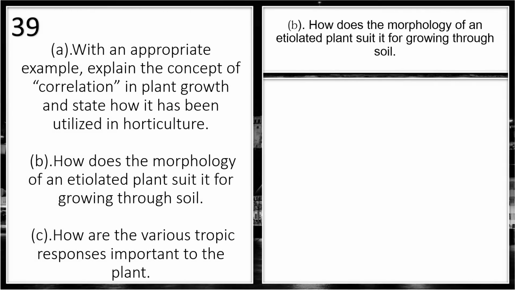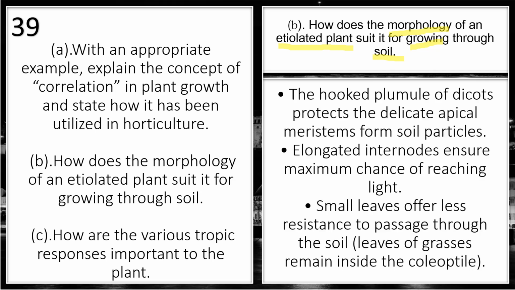Part B. How does the morphology of an etiolated plant suit it for growing through the soil? The hooked plumule of the dicots protects the delicate apical meristem from soil particles.